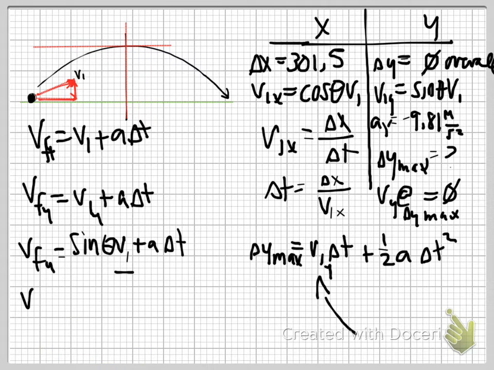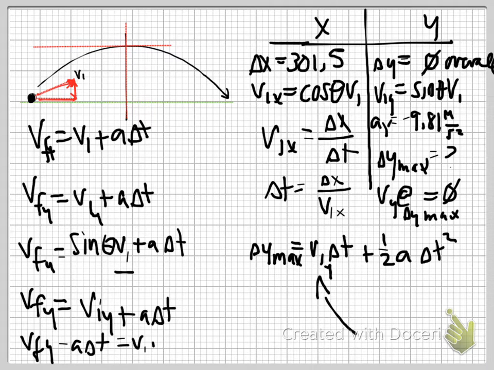Okay, so if I go the other potential path, and I just keep doing this, and I solve for viy, then I get vfy minus a delta t equals viy, and let's see.